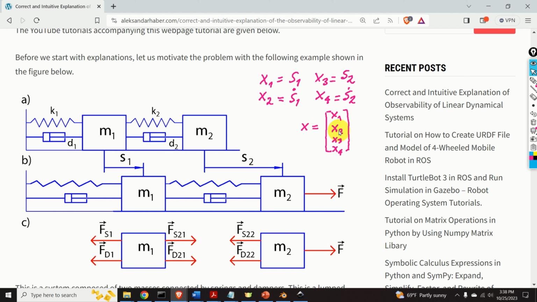For example, let us assume that we purchased another distance sensor and that we use that distance sensor to observe S2. Now we pose the following question. Can we observe, that is, can we reconstruct the complete state vector by directly observing x1 and x2?